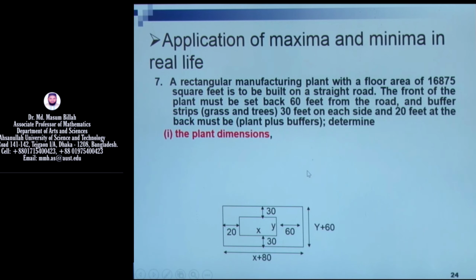Determine the plant dimension. Then what will be the plant dimension? Okay, that is what is the length and what is the width of this dimension, and what is the total length dimension, and minimum total land area. What will be the minimum total land area? It is our real life application.